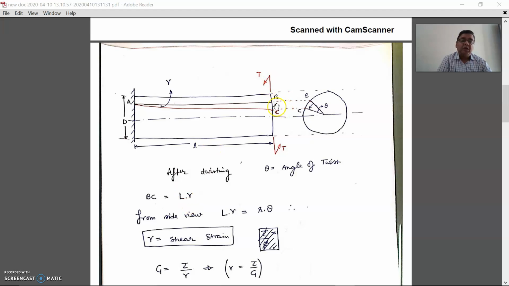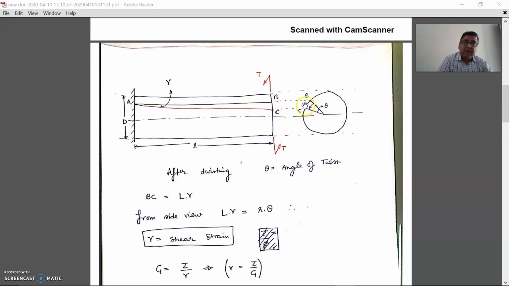But from the side view, we can see this BC along the arc. It is like B has shifted to point C, and the overall shifting of material takes place by an angle of twist, and this is theta.